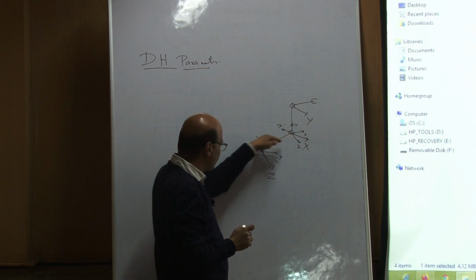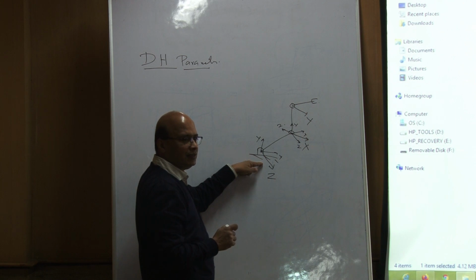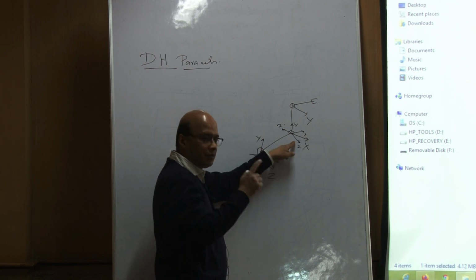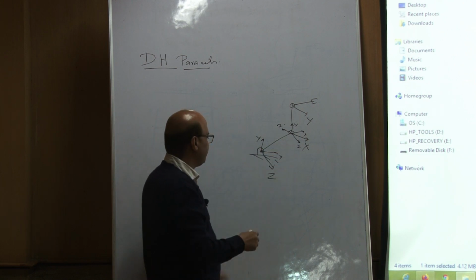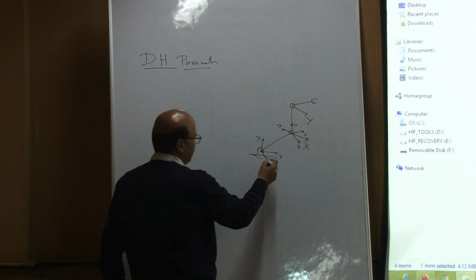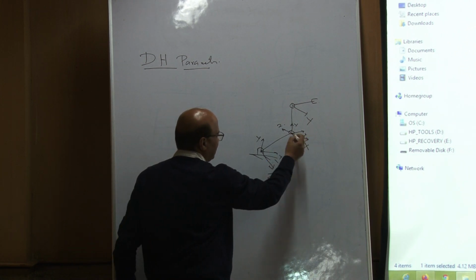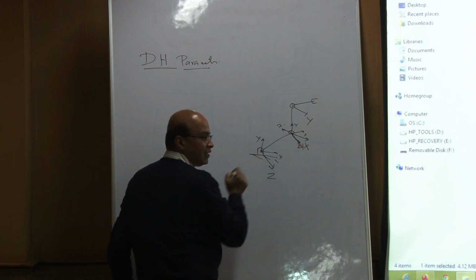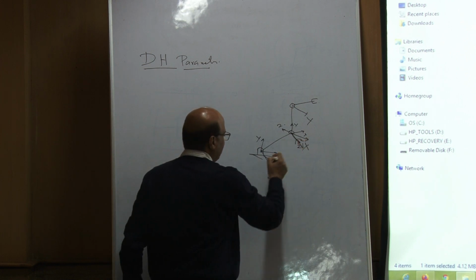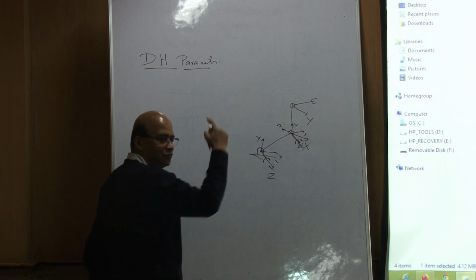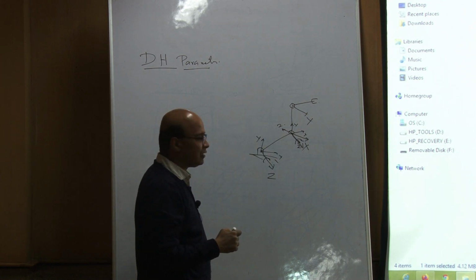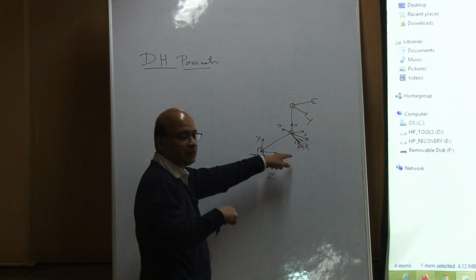Then you have to move this fellow from here to here. So the number of transformations has gone up because I did it like this. Whereas if I have a systematic way by which I assign it like this, then simply add the, because it is always about the z-axis only, right? So the number of transformations comes down if you do it systematically.